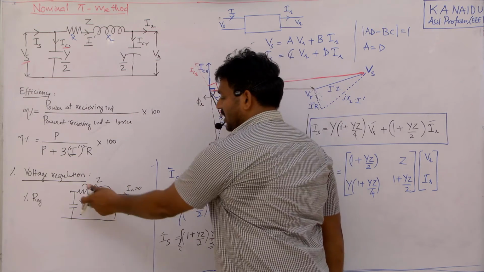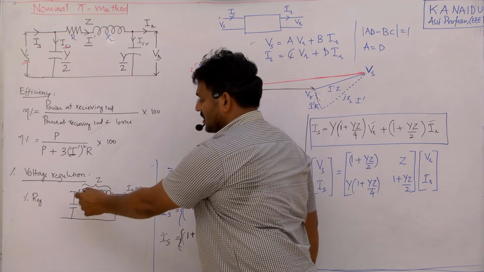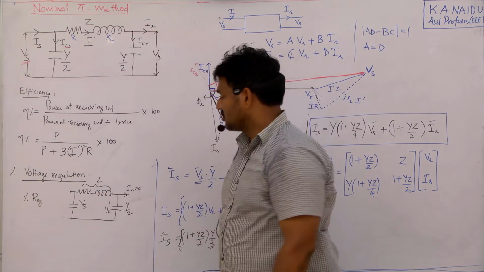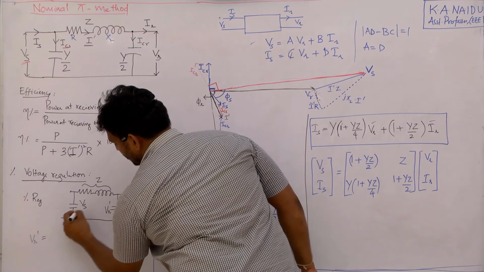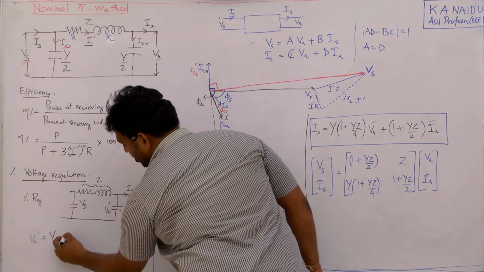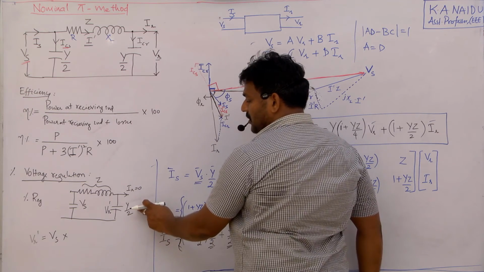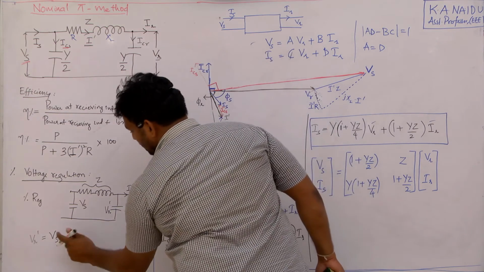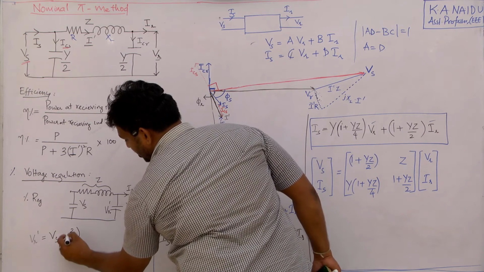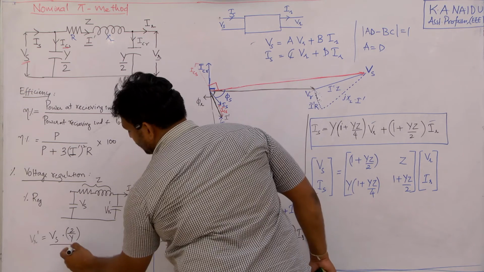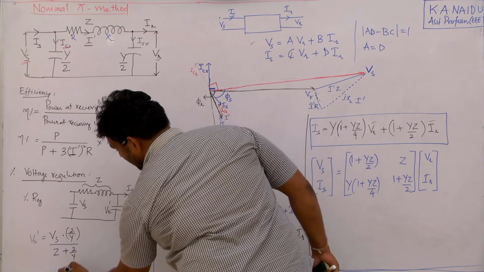Two impedances in series are connected to a source, therefore the voltage VR dash is equal to total voltage Vs multiplied by the impedance of the same branch, which is the reciprocal of admittance, so you will get 2 by Y upon Z plus 2 by Y.